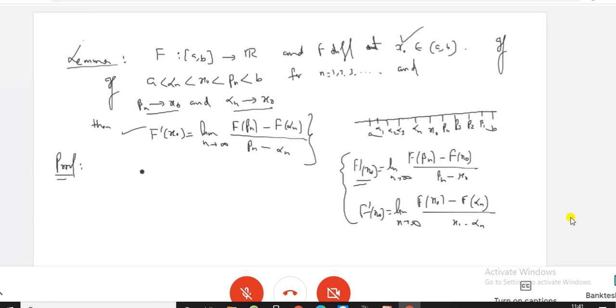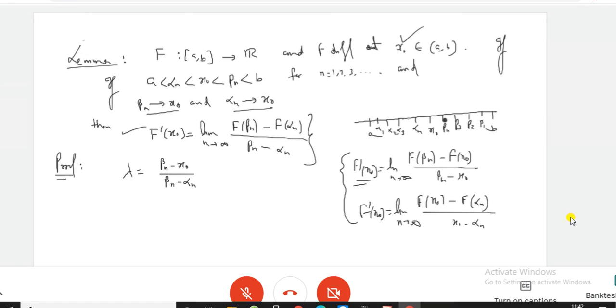Now I am considering a quotient lambda, which is equal to (beta n minus x0) divided by (beta n minus alpha n).